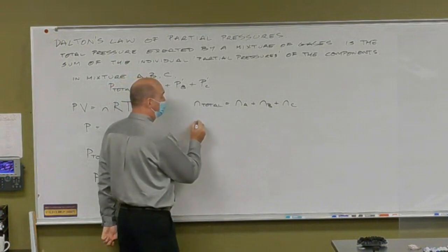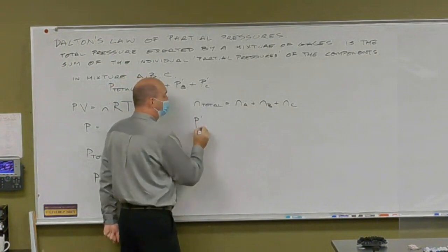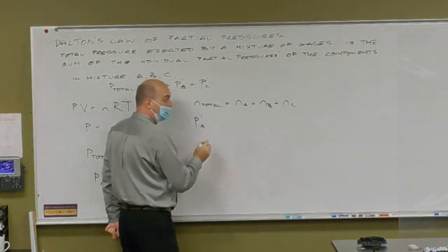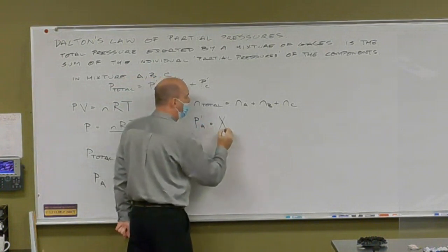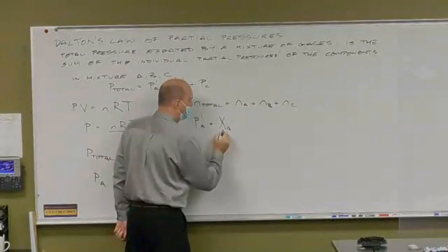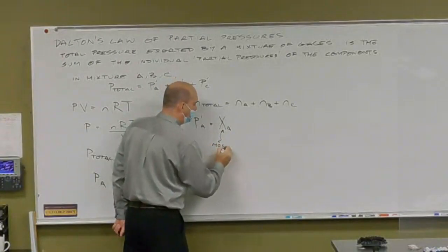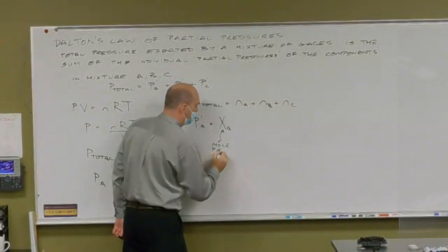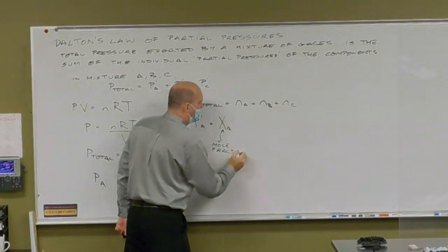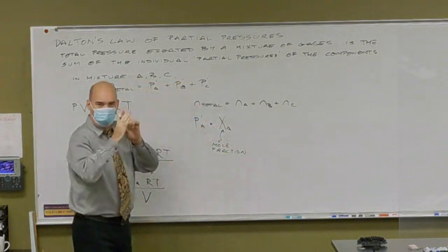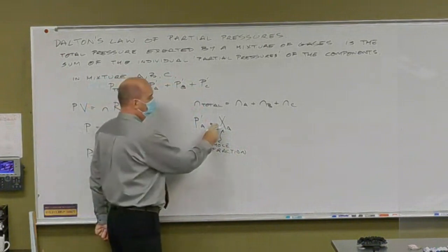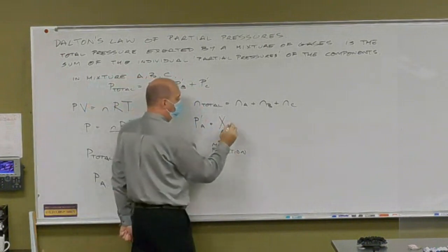So this is what it looks like. The partial pressure of A is equal to something that we call the mole fraction. Mole fraction is a chi. It looks like a tall, skinny X, but it's actually a Greek letter.